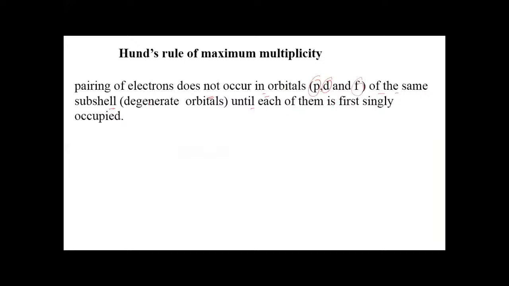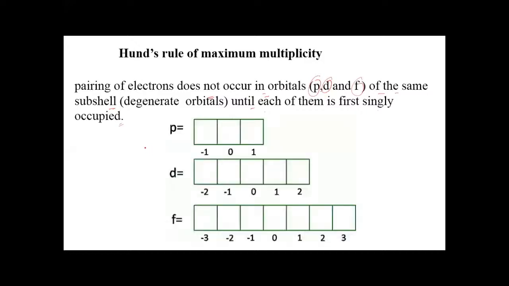Or we can simply say pairing will not take place unless each degenerate orbital has a single electron. The p subshell has 3 orbitals with similar energy, which is why we call them degenerate orbitals. So pairing will not take place until each orbital is singly occupied.